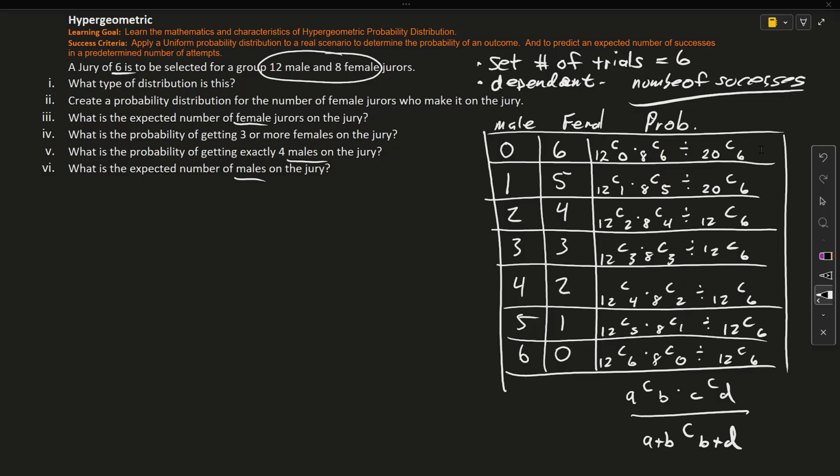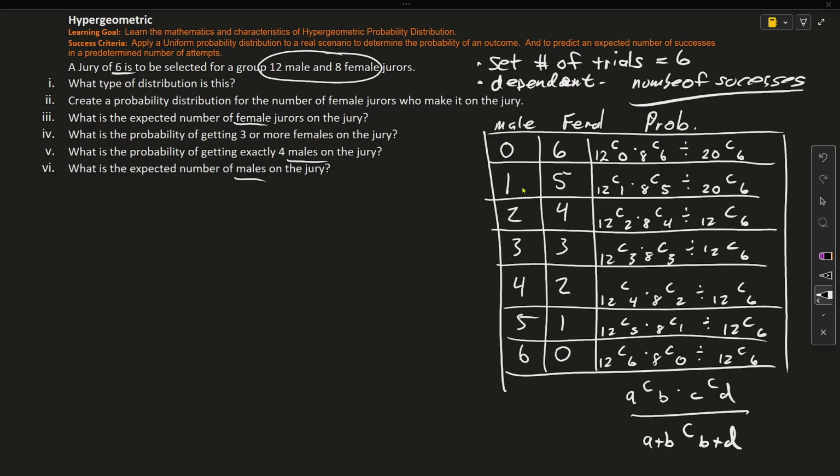Each one of these is the probability of getting this particular combination of males and females. Each one of these is mutually exclusive, meaning I could get 6 females and 0 males, or I could get 5 females and 1.